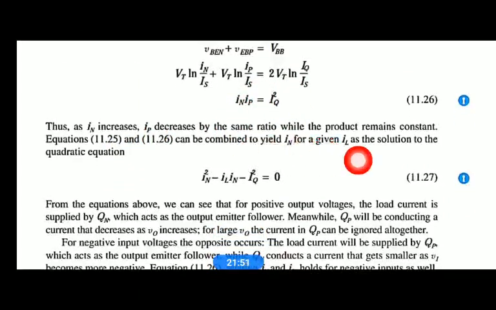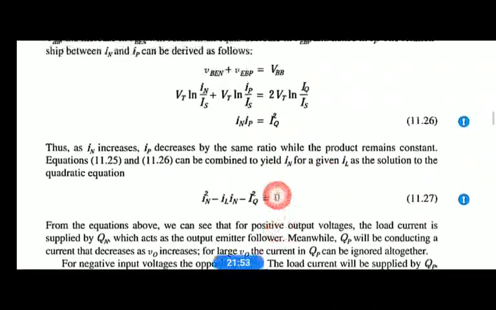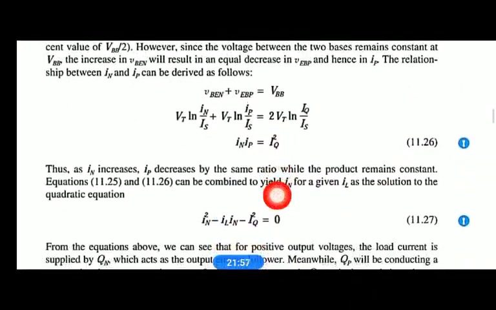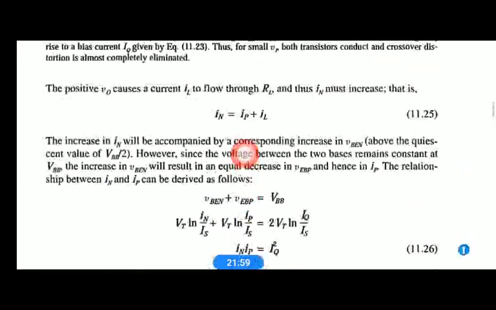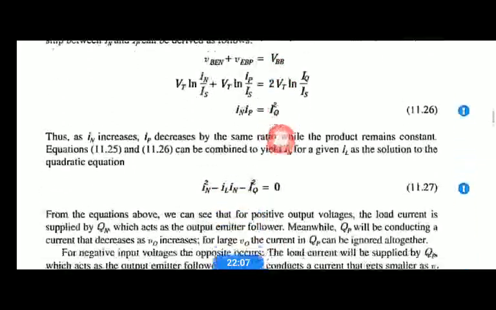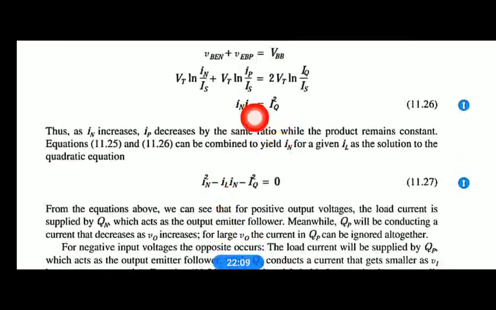Further, if you derive this equation by substituting Ip, which is given from this formula, as In minus Il in place of Ip, and solve this, you will get this equation by taking Iq square this side.